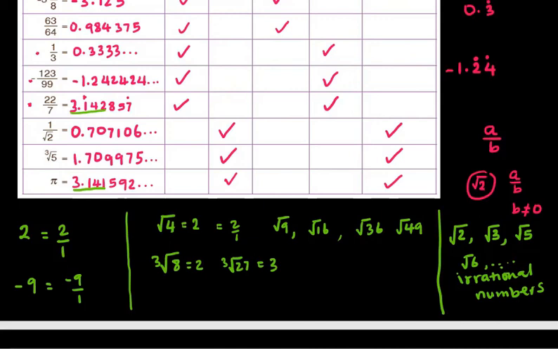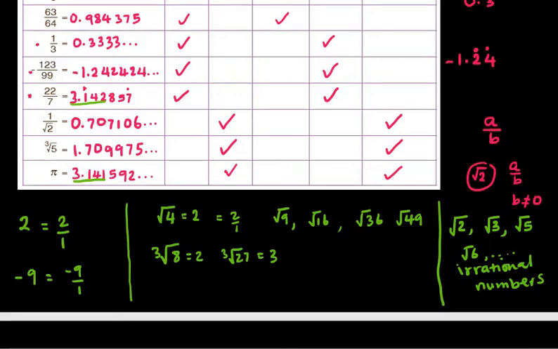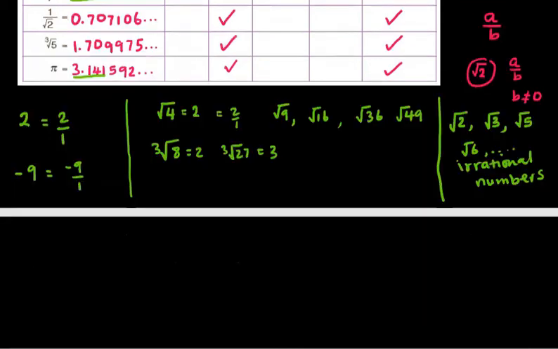Okay. Now, from what we have looked at today, I will ask you a few questions. Number 1: is a terminating decimal a rational number or an irrational number?